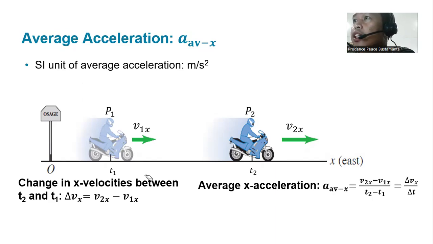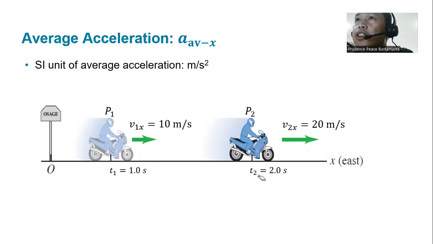So the average acceleration is just the change of the particle's velocity over a time interval. So change of Vx over the time interval. That is the average x acceleration.